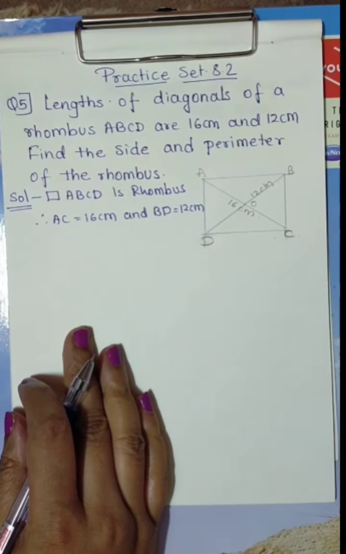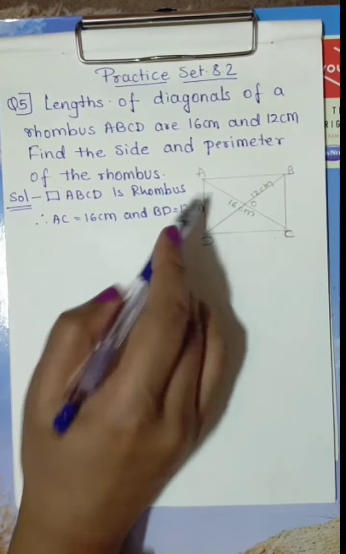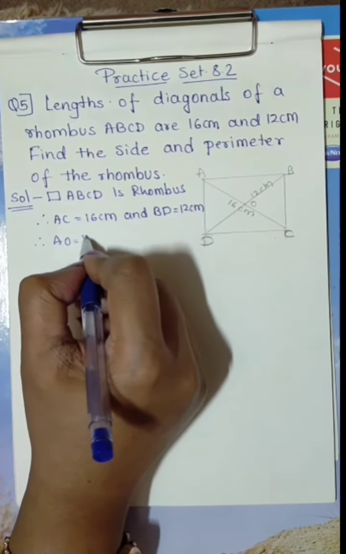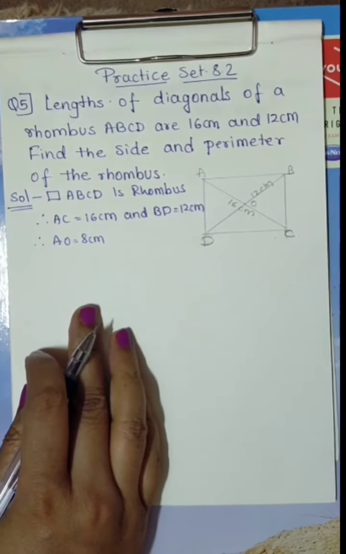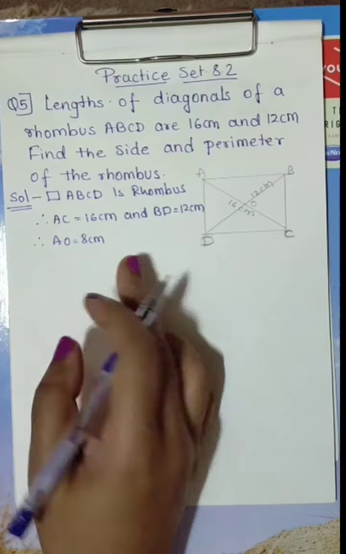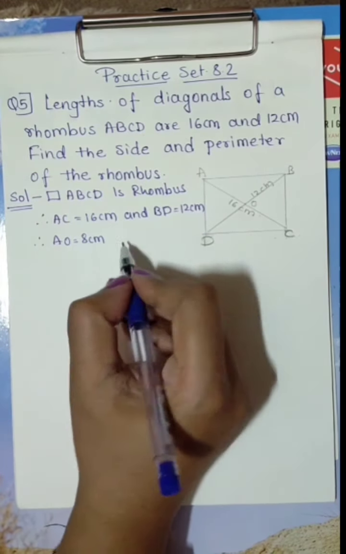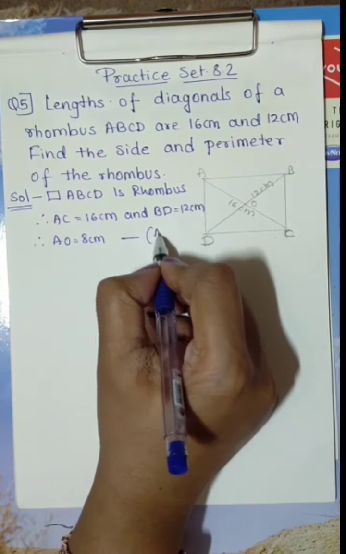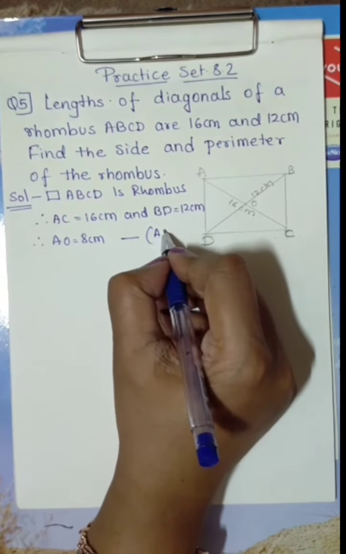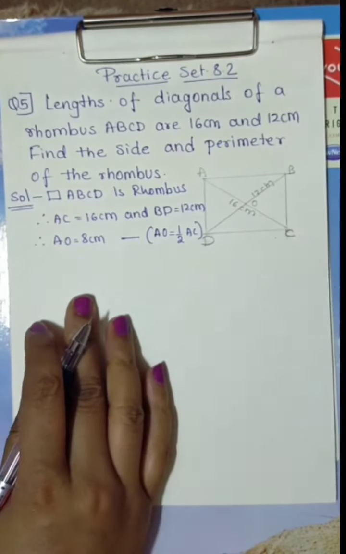Now here we'll take AO. Therefore AO is equal to 8 cm. Why 8 cm? It is half of AC. So AO is equal to half of AC.